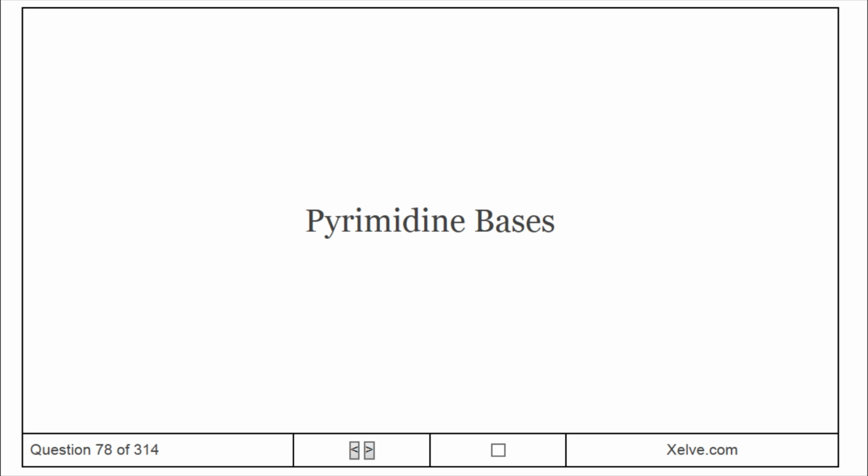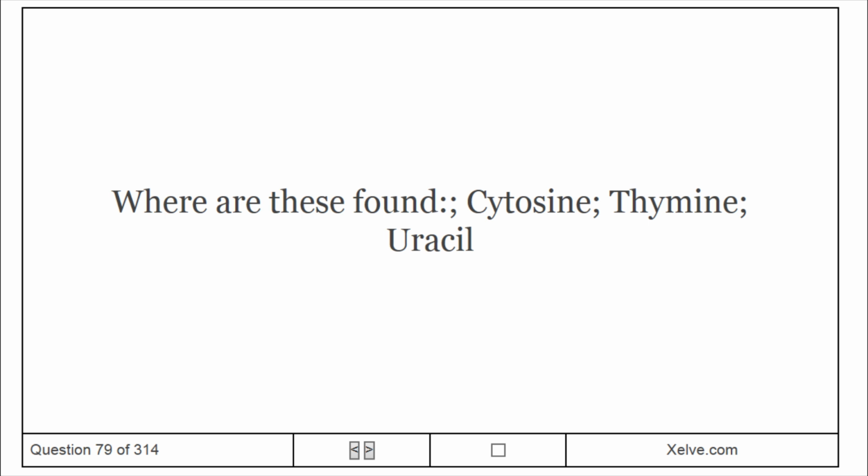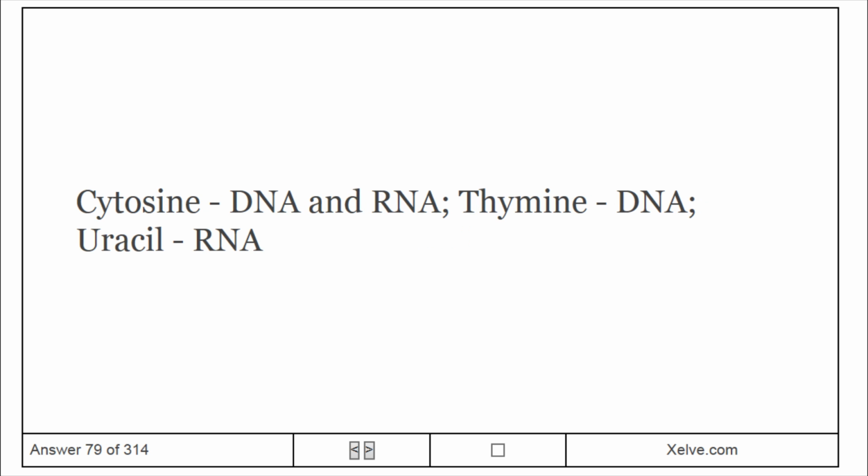Pyrimidine bases: cytosine, thymine, uracil, all are weak H-bond donors and acceptors, neutral molecule at pH 7. Where are these found? Cytosine, DNA and RNA; thymine, DNA; uracil, RNA.